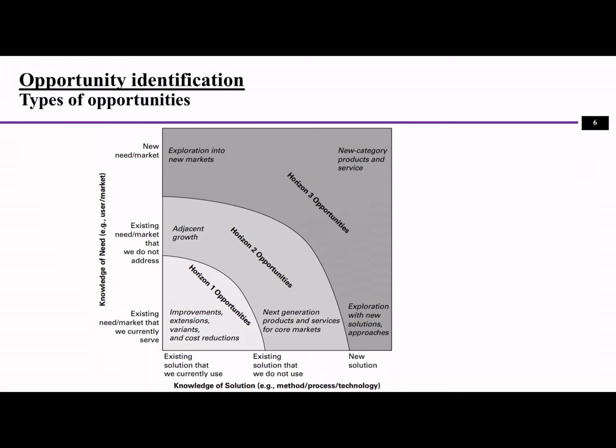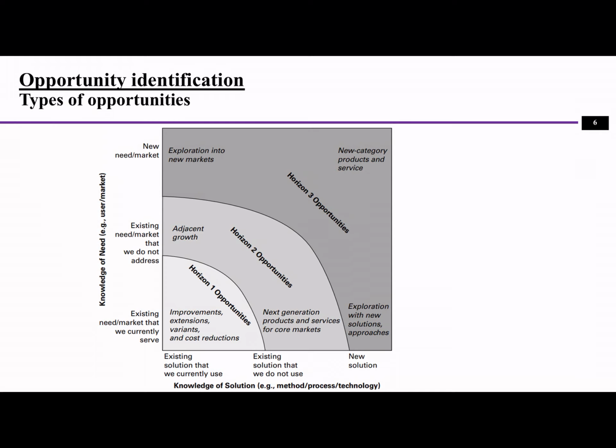The first one is Horizon 1 opportunities, which means very minor improvements or extensions of an existing solution or existing product that we already have. So it does not have very innovative solutions or revolutionary products or functions. Basically, it's pretty much similar to the one we already have. So for Horizon 1 opportunity, there's only some improvement.